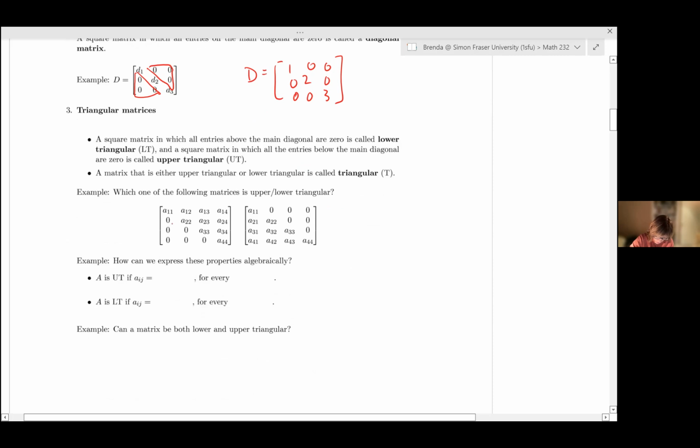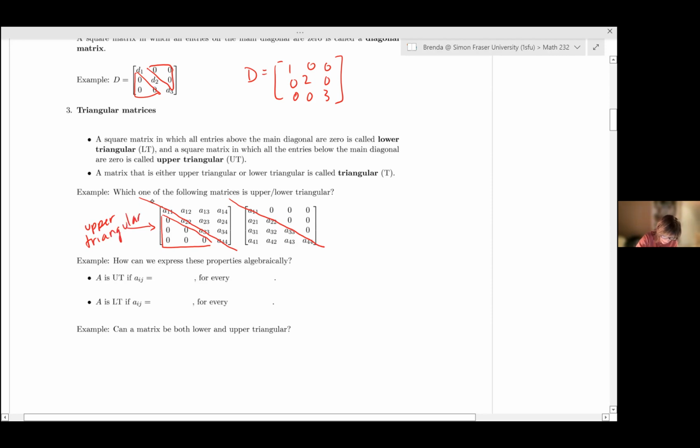We identify the main diagonal, and let me just draw a line through the main diagonal in both cases. That's the main diagonal, and then we look at the off diagonal entries. If they are all 0 below the main diagonal, like in the case of the first one on the left here, then we call this one upper triangular. It means basically the numbers are in the upper triangle.